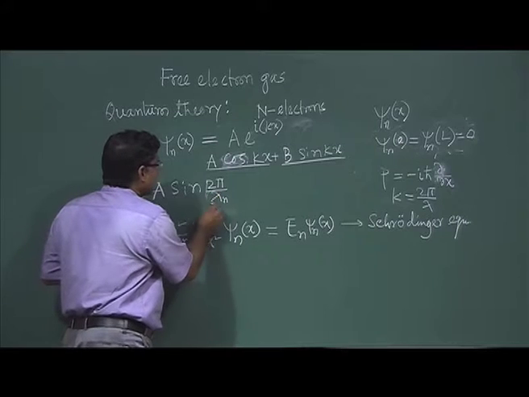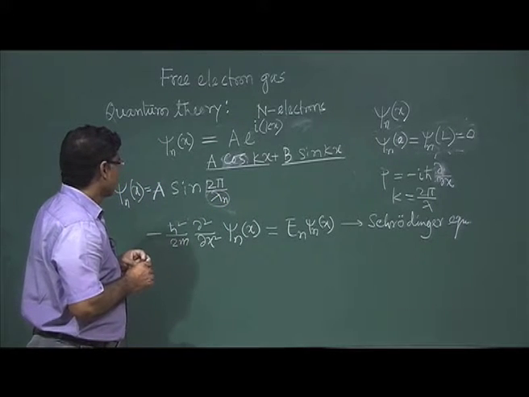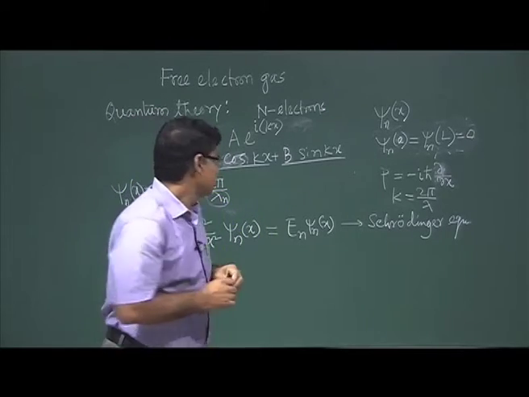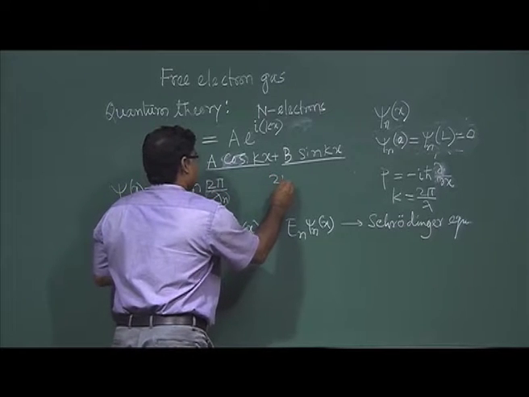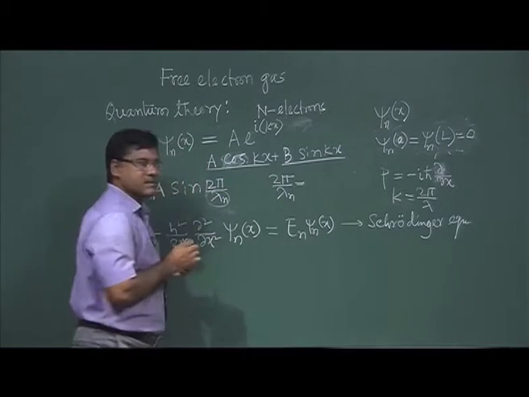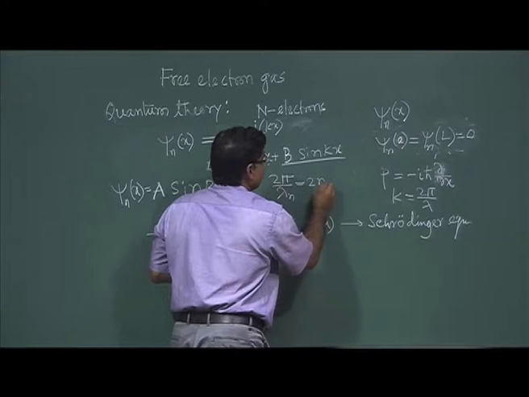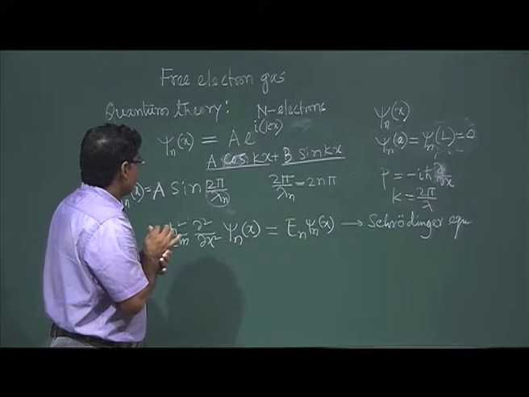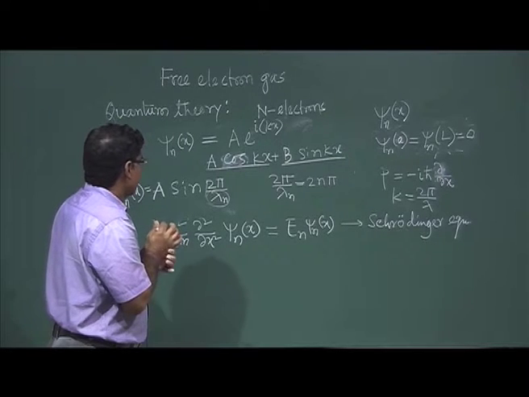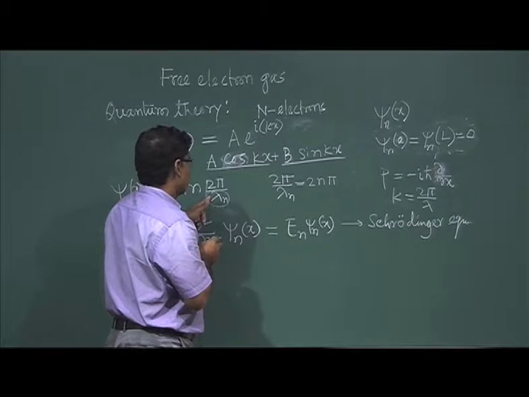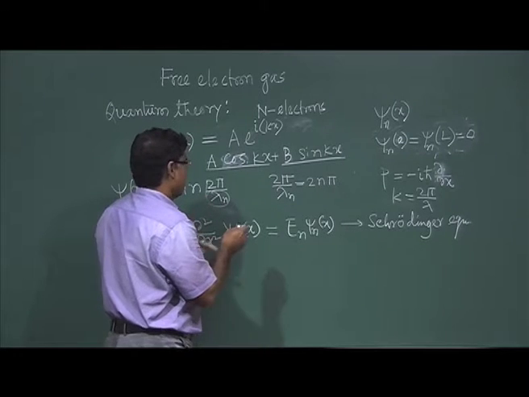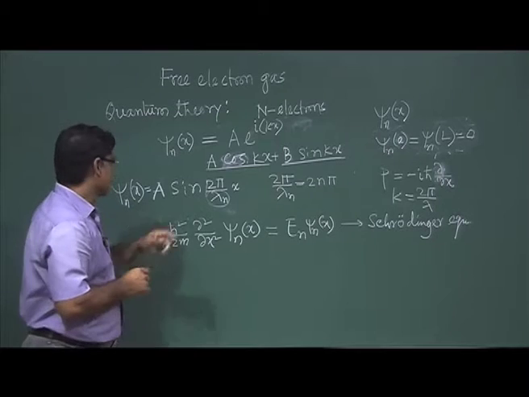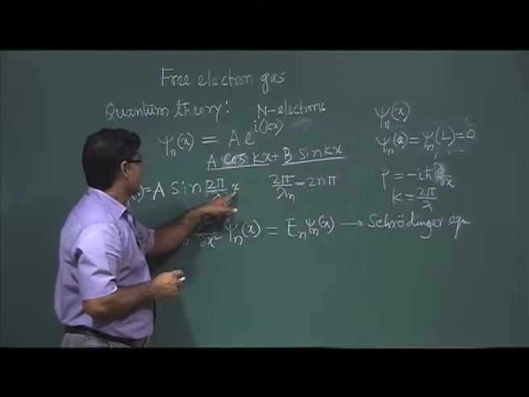So if I choose lambda in such a way that this part 2 pi by lambda n, I am missing x here: sin of 2 pi by lambda n times x.